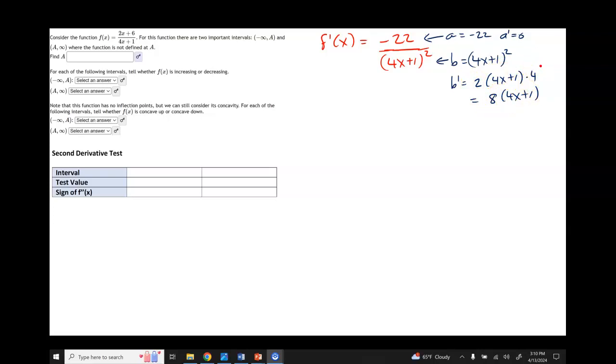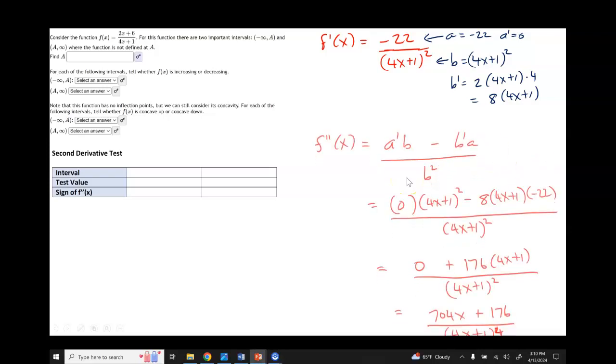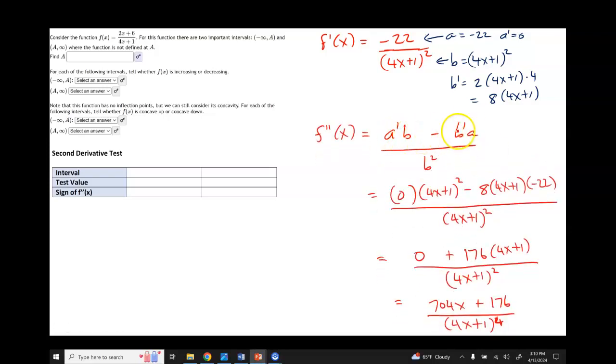And then for f double prime of x, if you do use the quotient rule, which you can do, it's going to be a prime b minus b prime a all over b squared. So a prime is 0. So we have 0 times 4x plus 1 squared, which is your b, minus our b prime, which is 8 times 4x plus 1 times a, which is negative 22. All of that divided by b squared. So that'll be 176 times 4x plus 1.